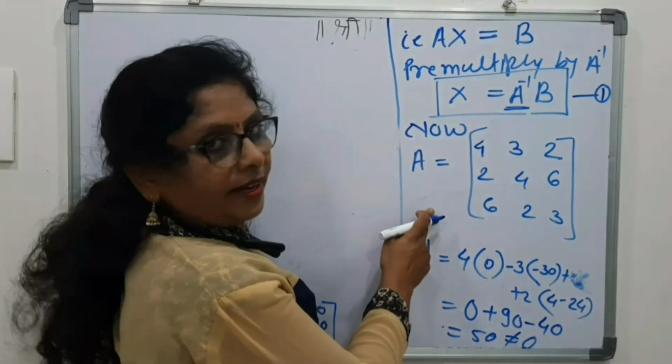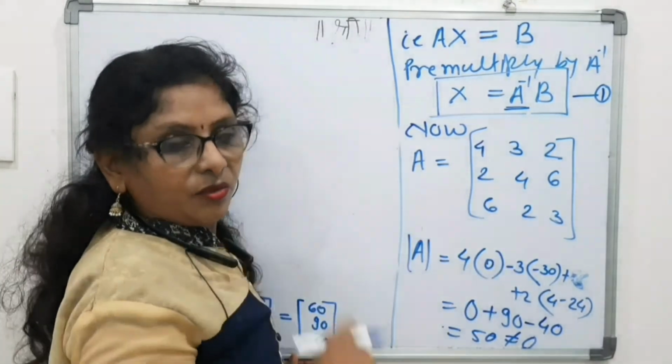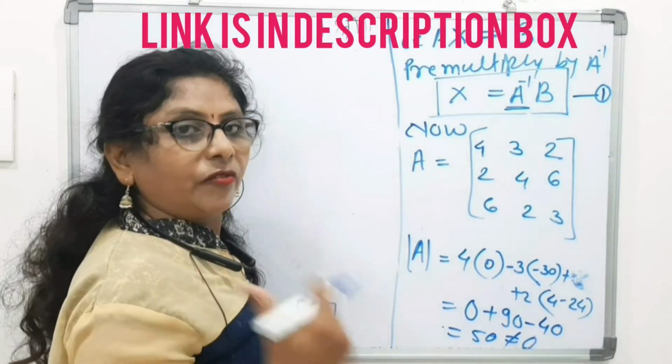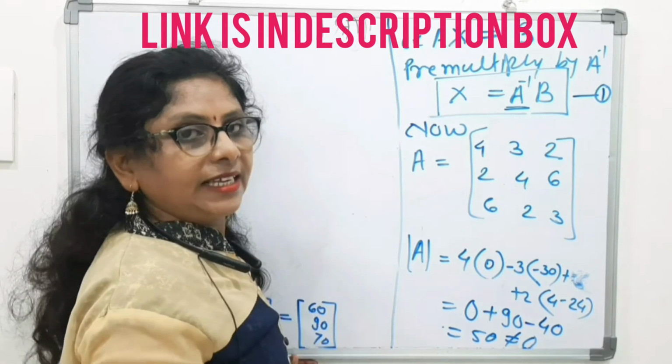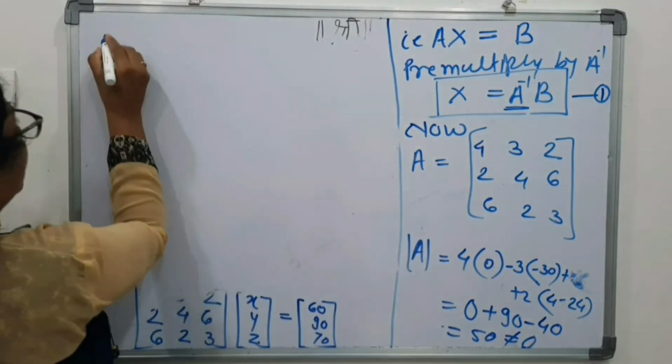Now we will find A inverse. To find A inverse of this matrix, you can use the shortcut method which we have seen in our last video. So what is A inverse by definition?